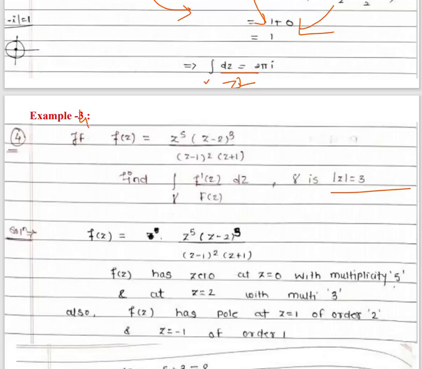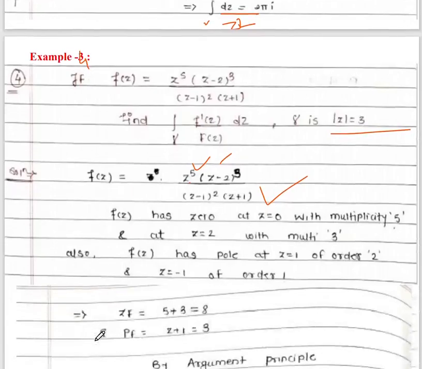If you observe the given f of z, it has a 0 at z equal to 0 with multiplicity 5, and at z equal to 2 with multiplicity 3. Also, f of z has a pole at z equal to 1 of order 2 and at z equal to minus 1 of order 1.